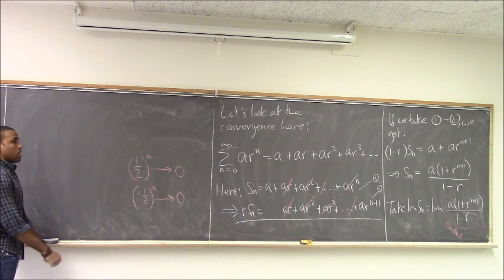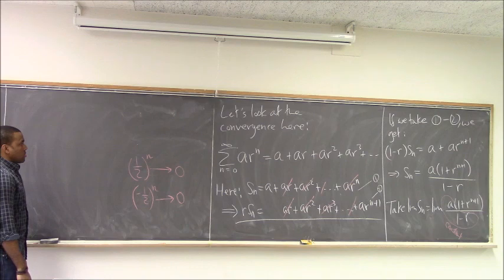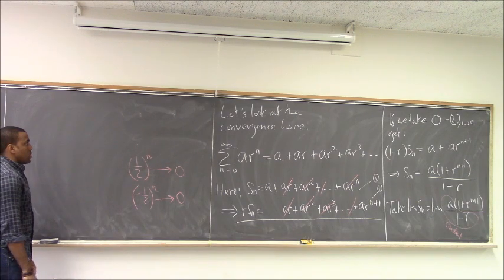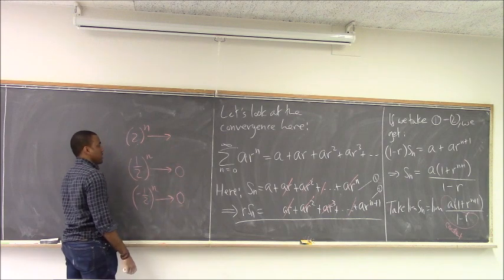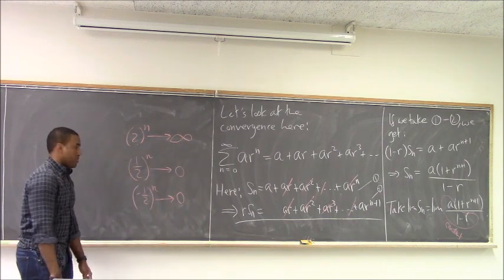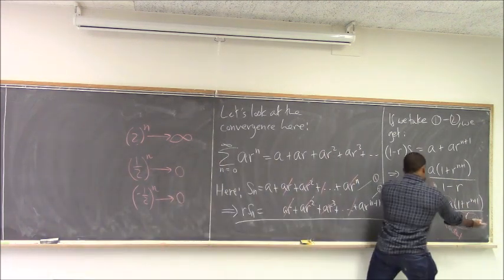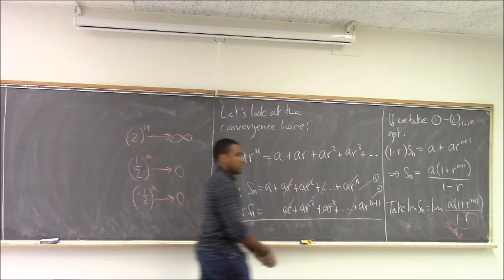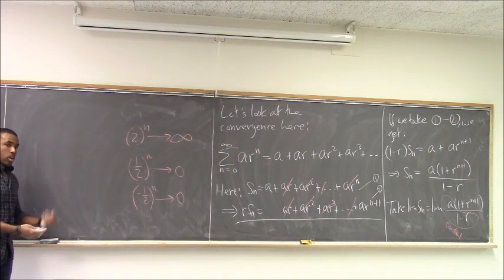Tell me something that's not going to go to 0. 2 to the n. What's going to happen to that as n goes to infinity? That goes to infinity. Okay, so some very suggestive examples here. Now what do you think is going to happen to this guy? It becomes 0 or infinity. What are the cases?